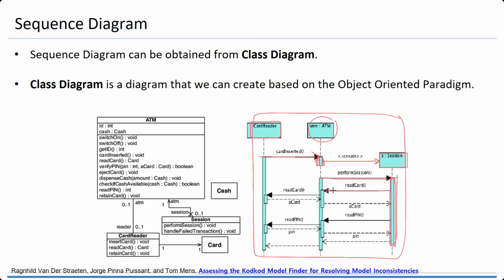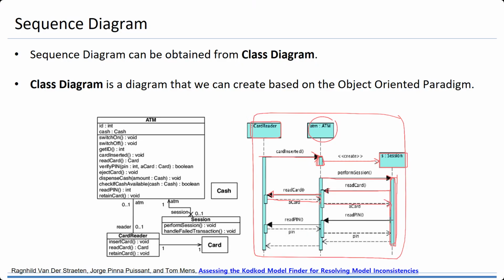After the session reads the card, it will call the read card method on the card reader. And then if the card is correct, this is a card from the bank, it will give a message to the session: yes, this is a card from the bank.